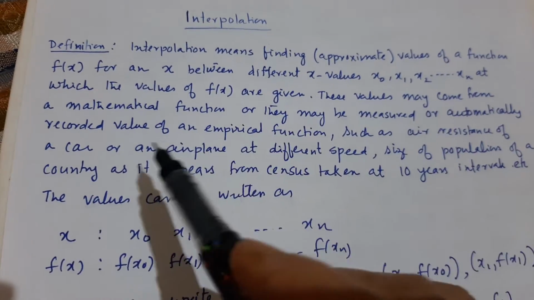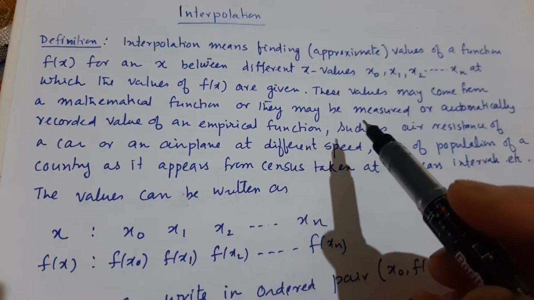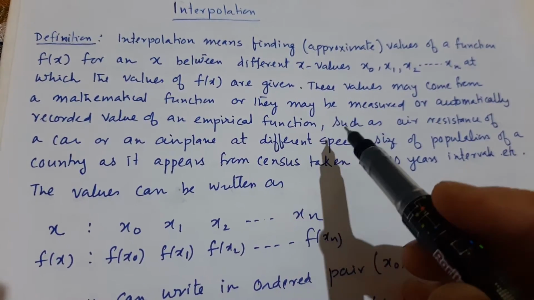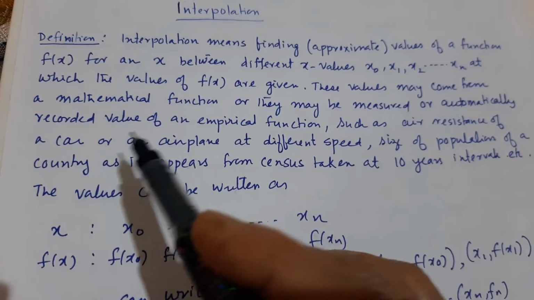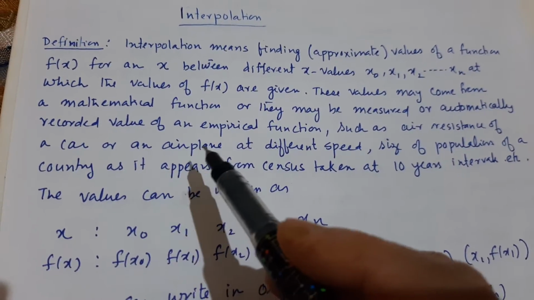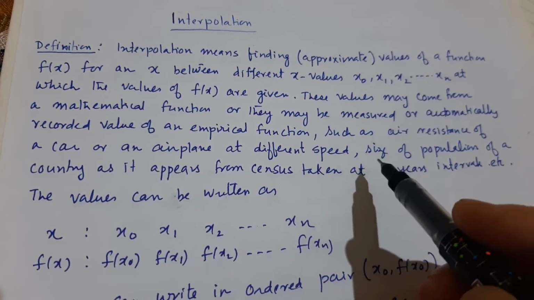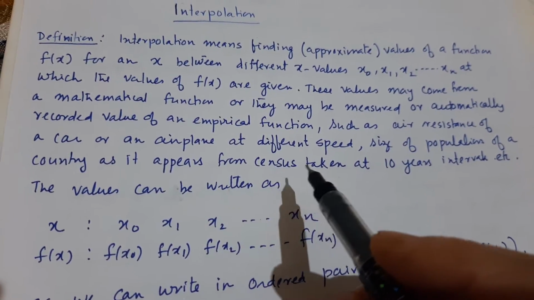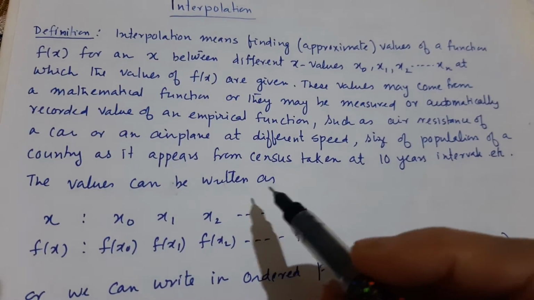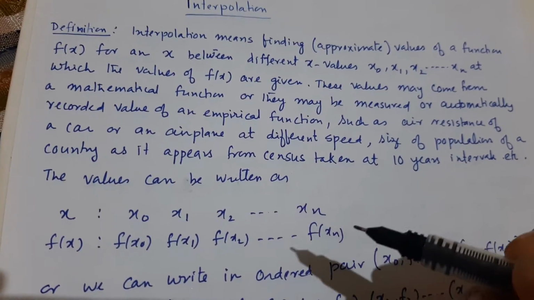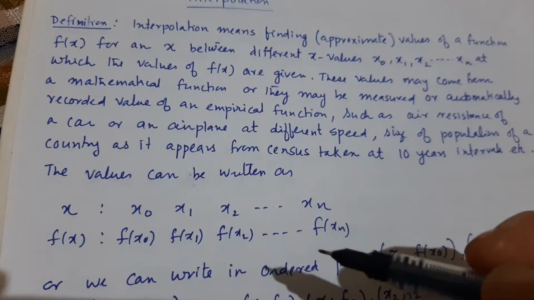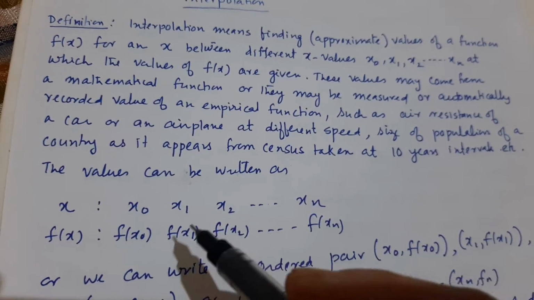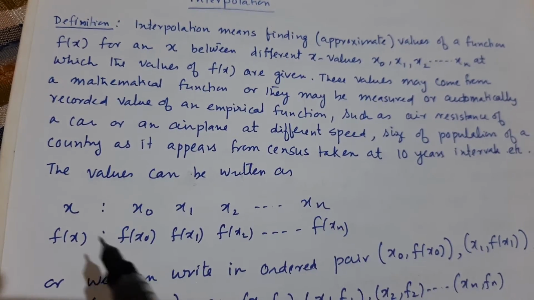These values may come from a mathematical function, or they may be measured or automatically recorded values of an empirical function, such as, for example, air resistance of a car, height of an airplane at different speeds, size of population of a country as it appears from a census taken at 10 years interval, the amount of rainfall recorded, and so on.